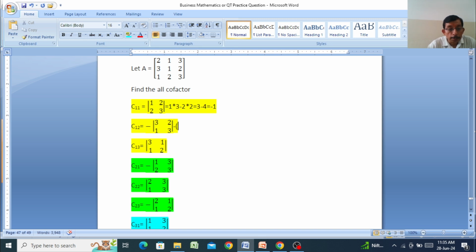Now we come to the second cofactor, C12. The determinant value of second order is 3 multiplied by 3 minus 1 multiplied by 2. With the minus sign, that is minus, 3 times 3 is 9, minus 2, equal to minus 7.